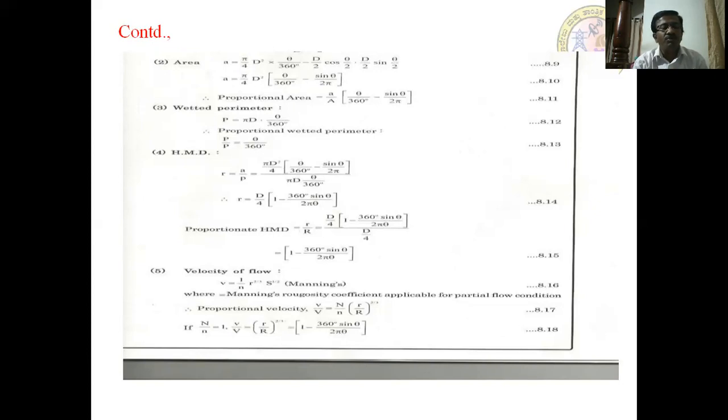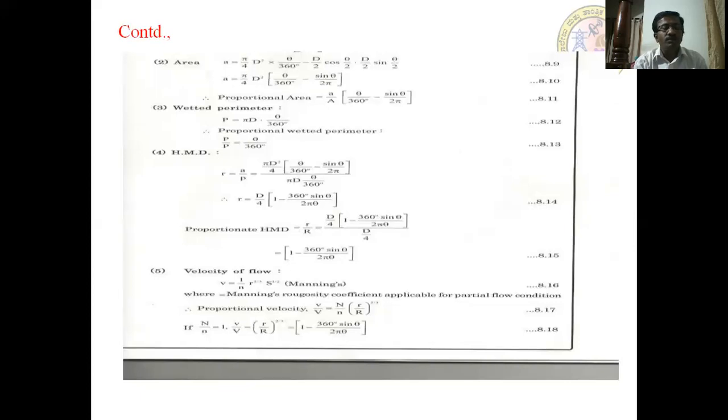Pi d square by 4 cancels, and the remaining theta by 360 minus sin theta by 2 pi is the proportionate area. Similarly, for perimeter, capital P equals pi d into theta by 360. Substituting theta as 360, it cancels for the running full condition, giving pi d only. For the proportionate perimeter, small p by capital P equals pi d cancels, remaining theta by 360.